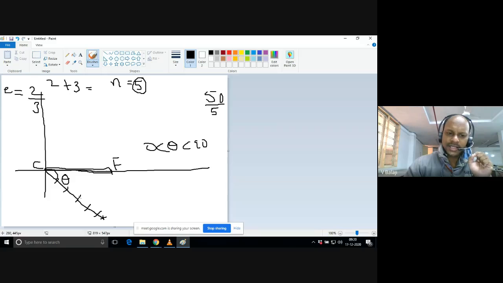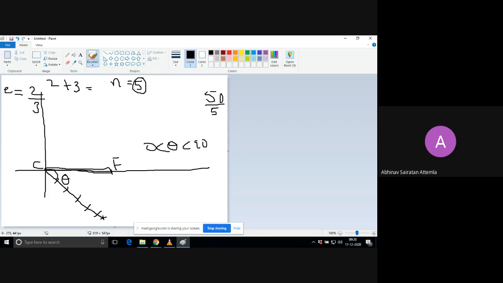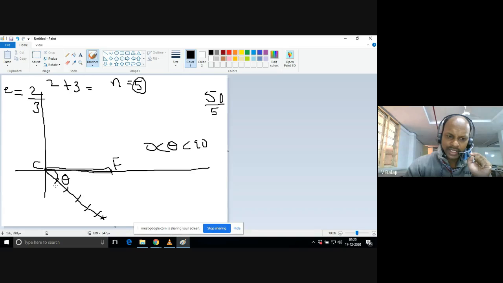Now, understood up to this? Yes, sir. Now you have one arc here, second arc here, third arc here, fourth arc here, and fifth arc here. The last arc, you need to join with an ordinary scale to the other end of the line.